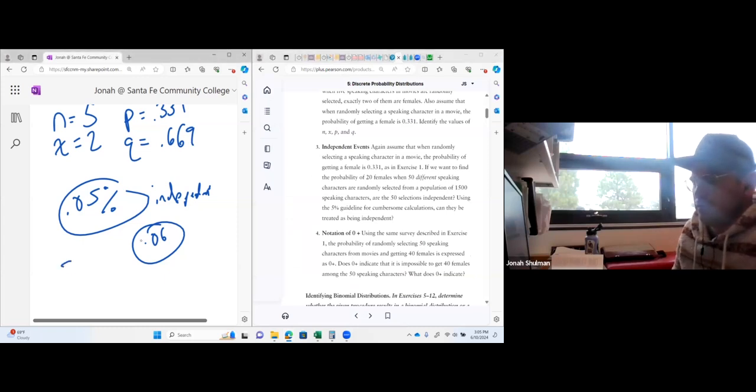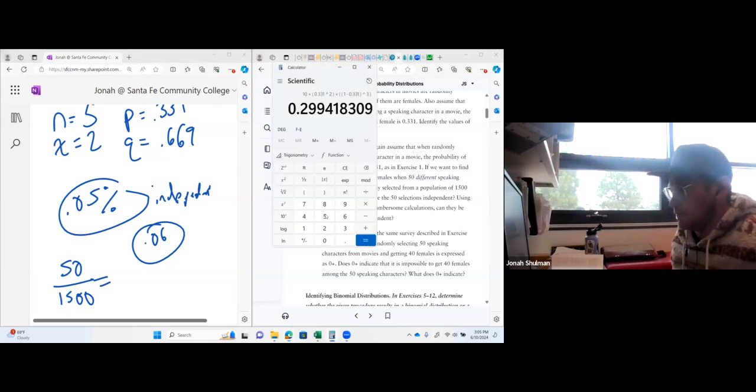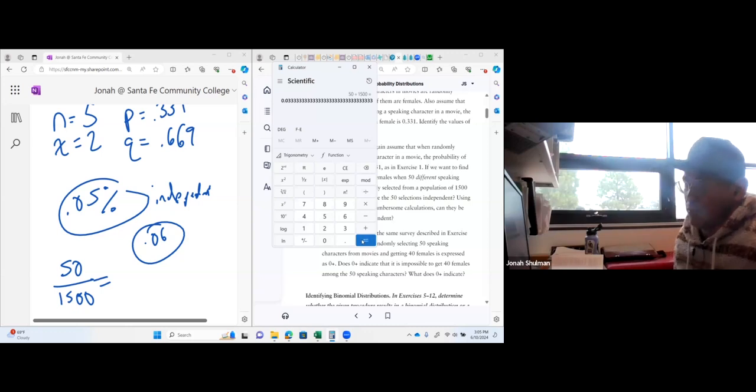So if we're taking 50 people out of the 1,500, is this going to be less than 0.05? We got 0.03.